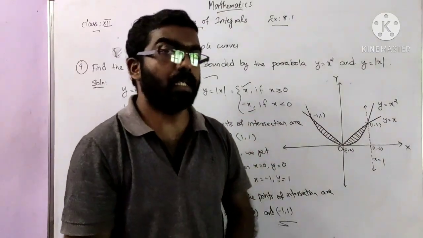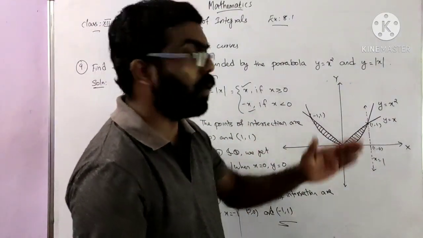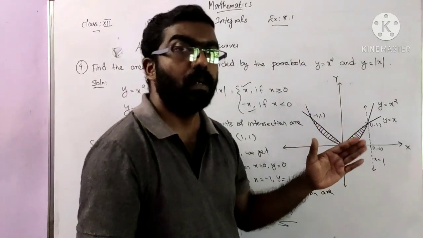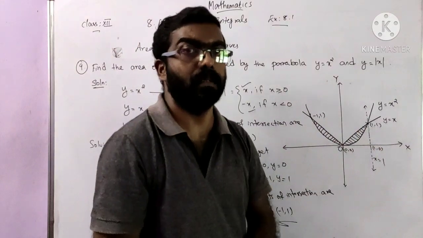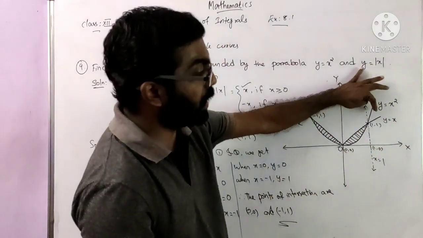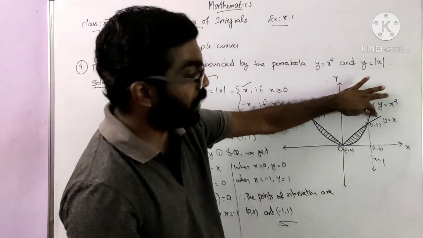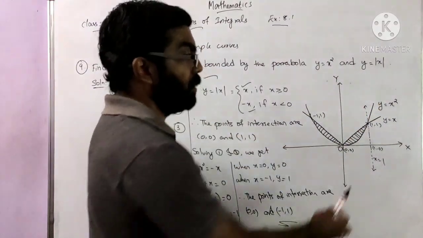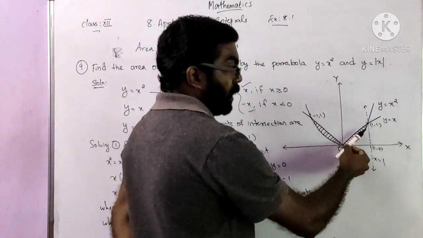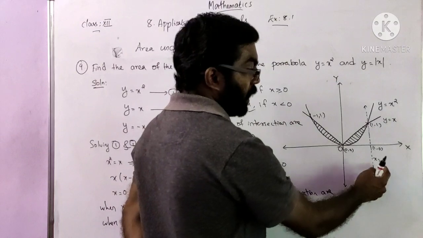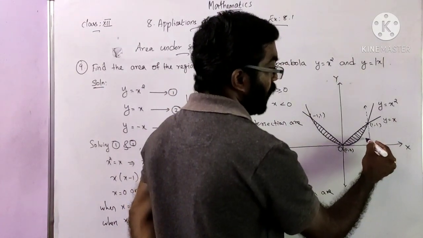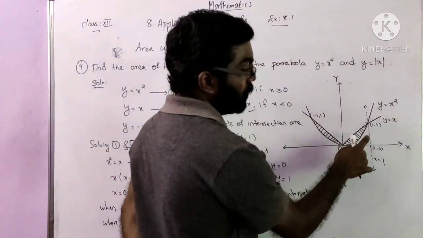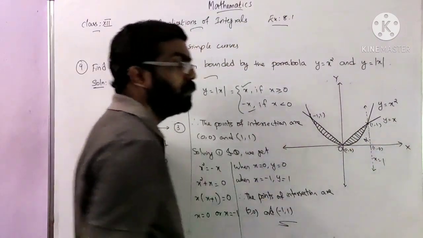But using integration we can find the area bounded by a curve, the ordinates and any one of the axes. So if we consider the line y equal to x, then we will get the area bounded by this line y equal to x, the ordinate x equal to 1 and the x axis. That means we get the area of this part also, but we don't need this one.